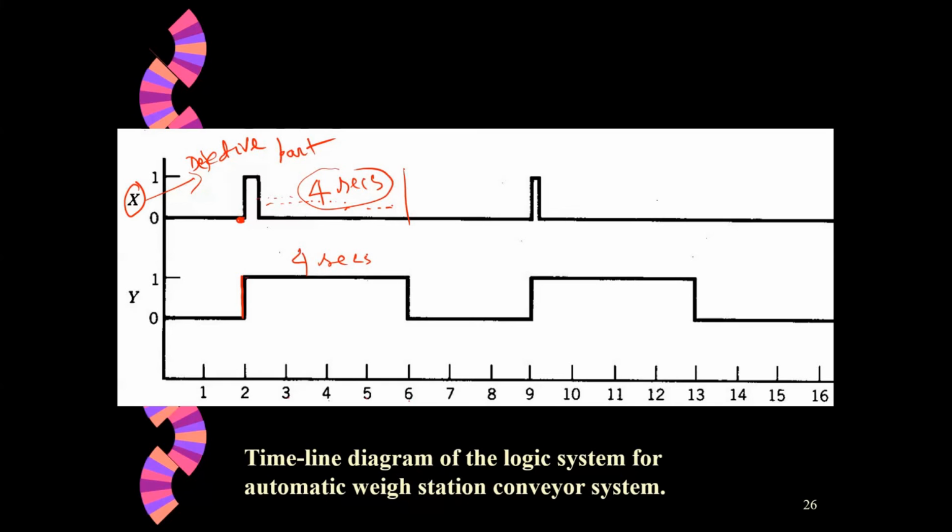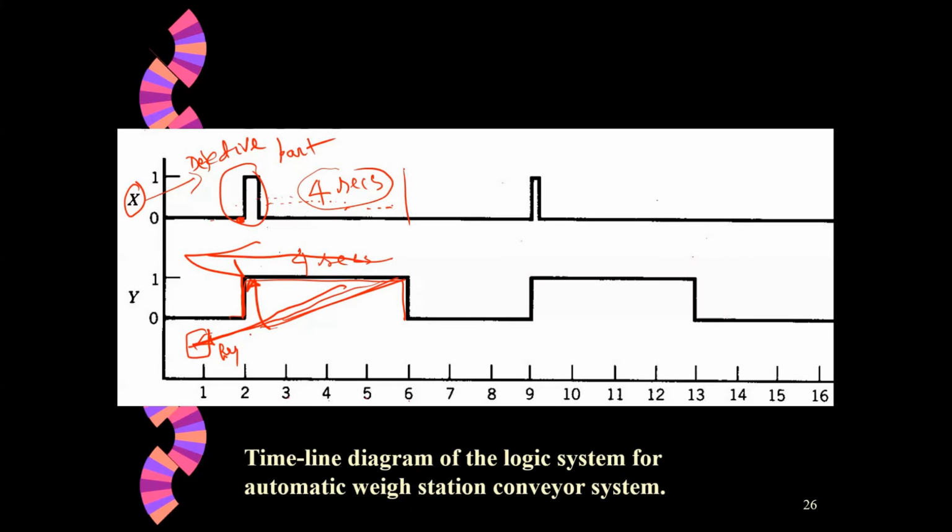The trapdoor should open for 4 seconds, letting the part go to the reject bin, and it should automatically bounce back. There is no feedback whether this part has traveled all the way. In this simple case, in the ideal case, you would put more sensors. Then it bounces back at the end of 4 seconds so that the next part, if it is good, will travel over to the delivery station.